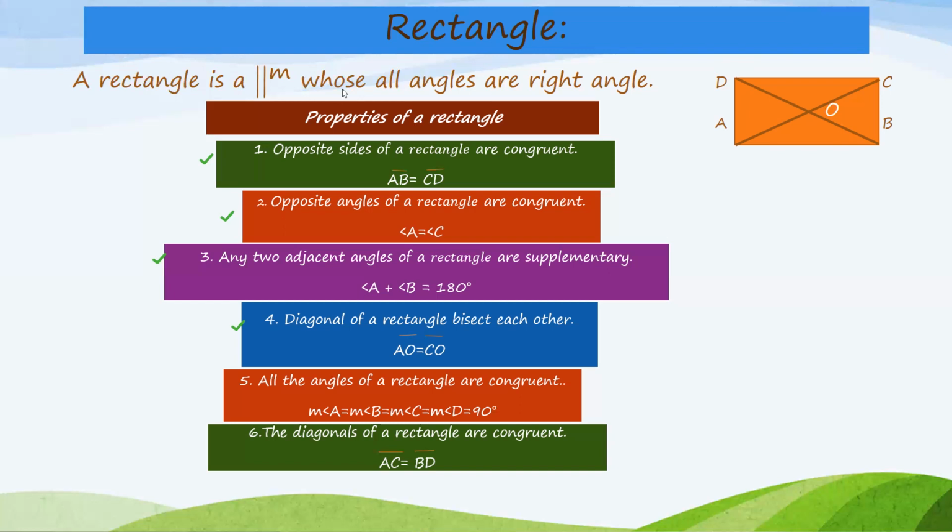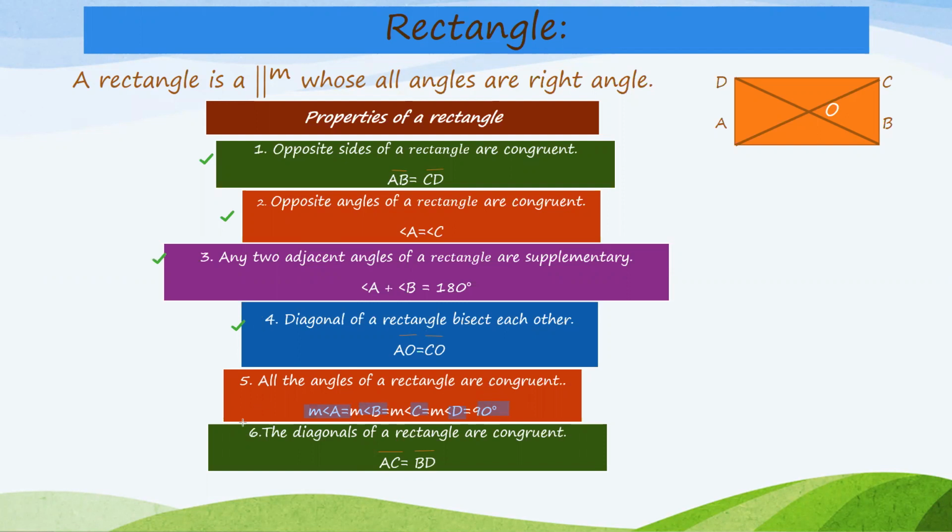So here, the measurement of angle A, angle B, C, and D, they all are equal to 90 degrees. So all the angles of the rectangle are congruent.